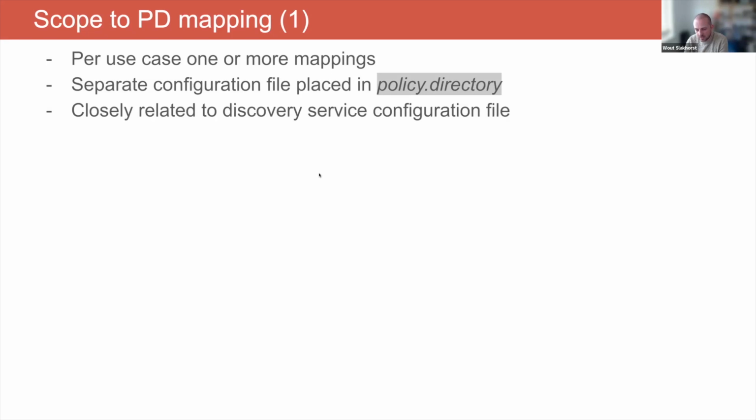So for example, if you have a use case where the presentation definition for the discovery service says you must have an organization credential and you must have a qualification credential for that use case, then probably the presentation definition for the OAuth flow will say, for the organization wallet, you must have this organization credential, you must have the qualification credential, but it will also add, and there must be a user, for example, with a valid UZI credential.